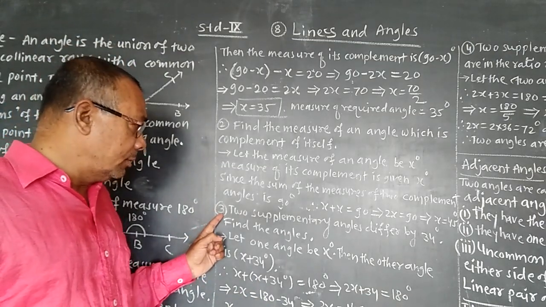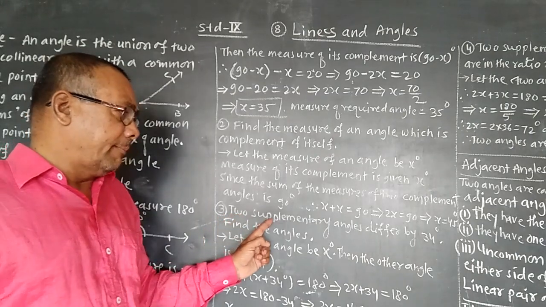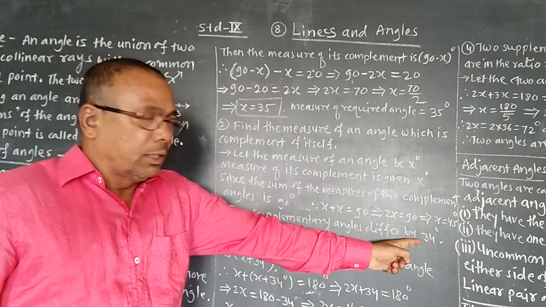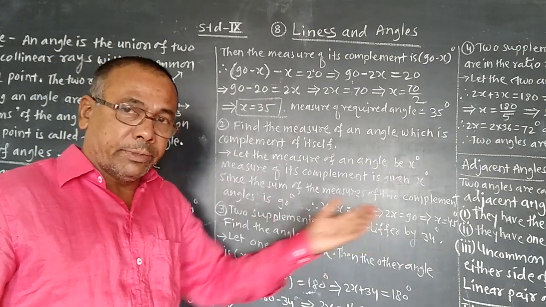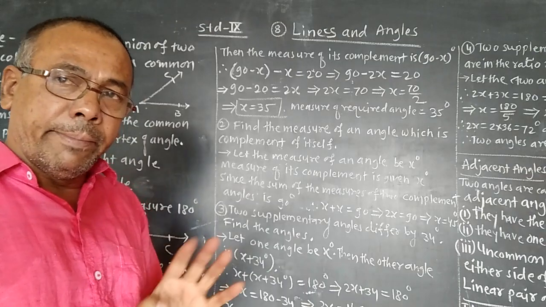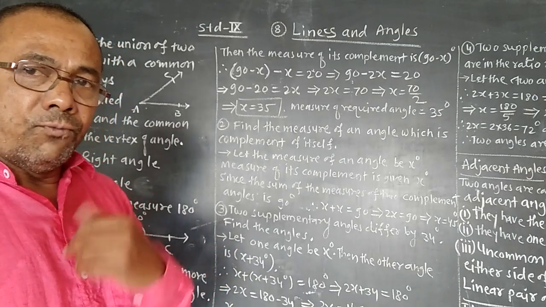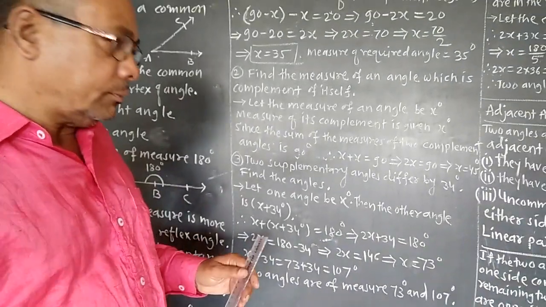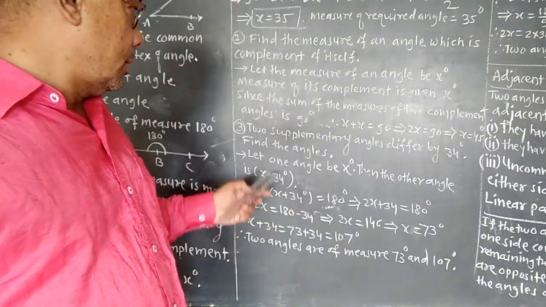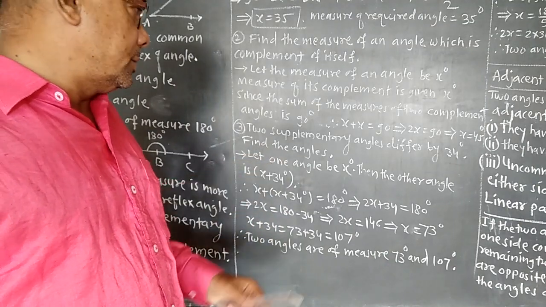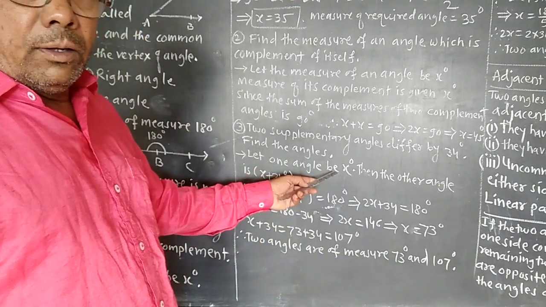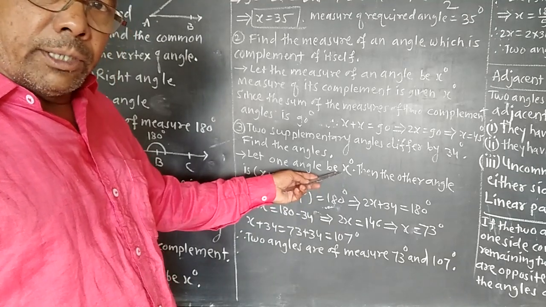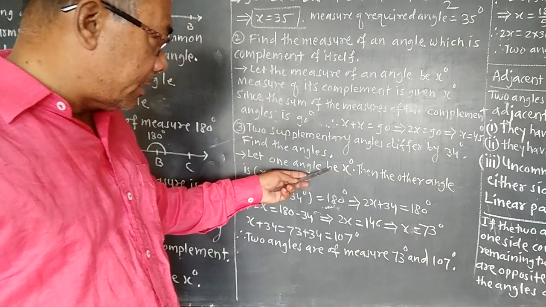Now, in the third question, two supplementary angles differ by 34 degrees. Both angles are supplementary, meaning the sum of the two angles is 180 degrees. Find the angles. Let one angle be x degrees.